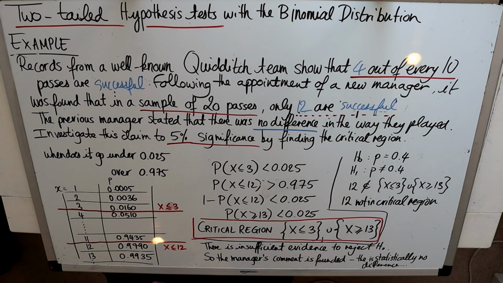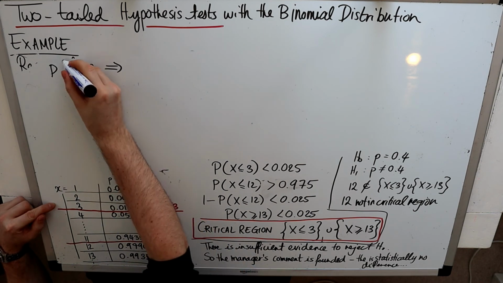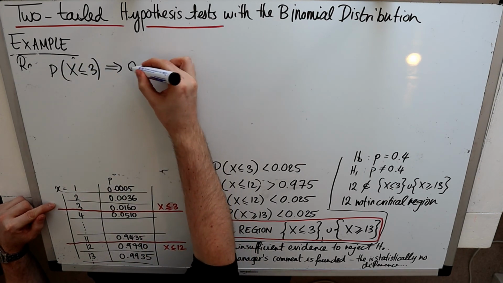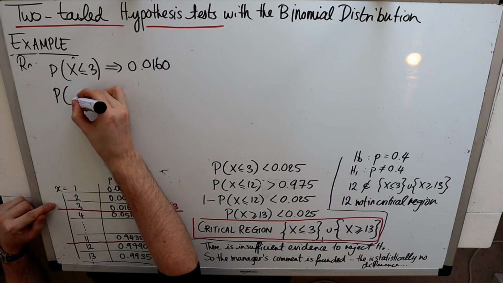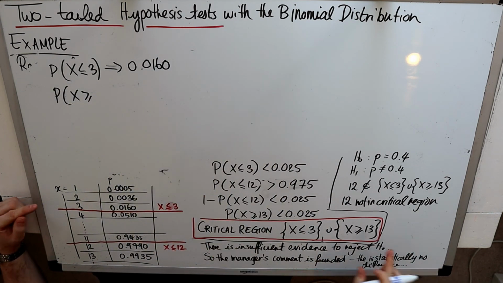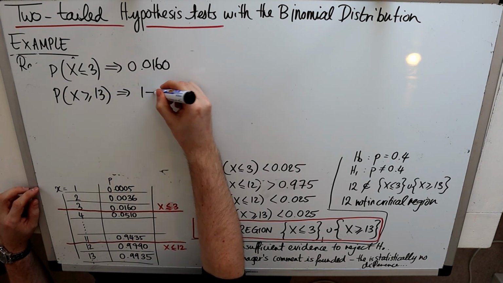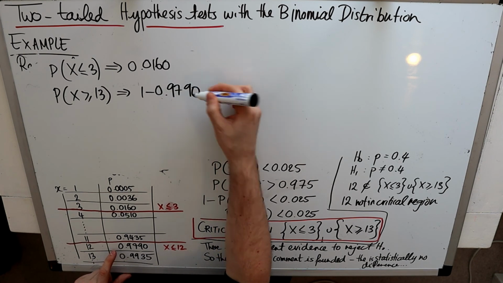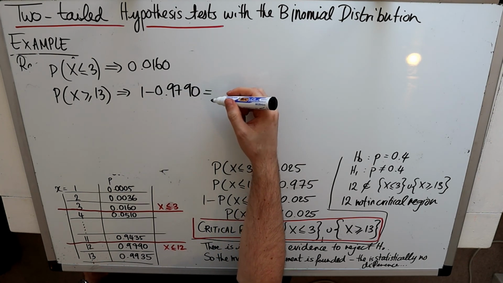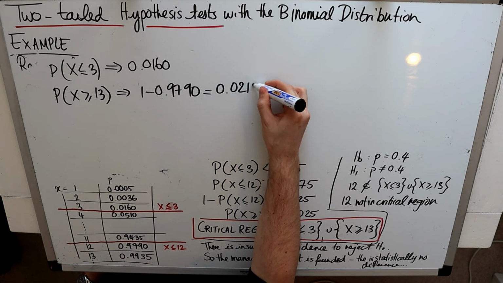And then if they ask for the actual level of significance, I know that the significance level for 3, the probability of that, is going to be 0.0160, and then the probability of x being greater than or equal to 13 is going to be 1 minus 0.9790, which is equal to 0.0210.